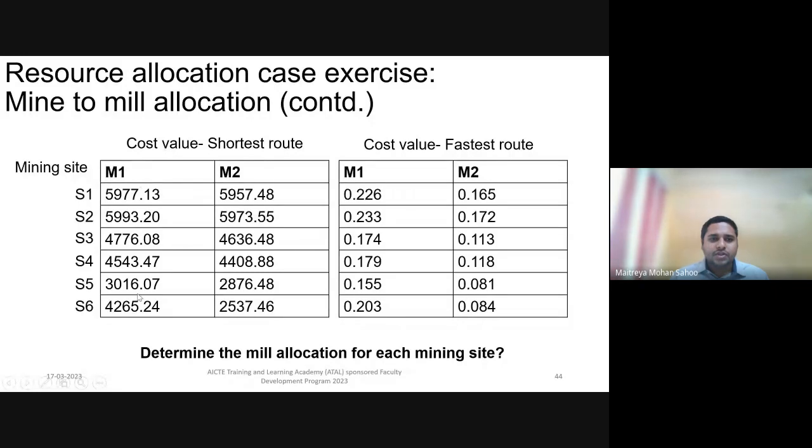For the shortest route, these were the function values obtained for milling units M1 and M2 with respect to the mining sites S1, S2, S3, S4, S5, S6. And for the fastest route, these were the cost function values obtained.